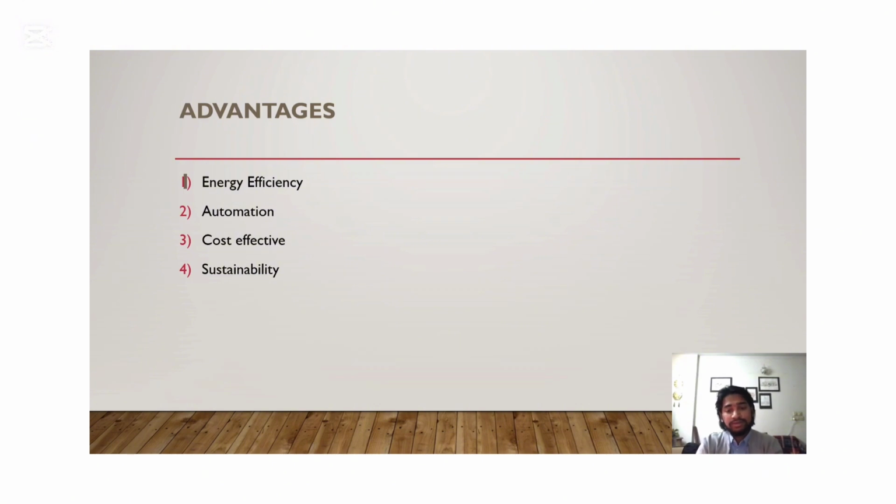Reduced energy use translates to long-term cost savings. Sustainability. The system contributes to a greener environment by conserving energy. Thus, these benefits make the system a suitable solution for the modern and digital world. So that's it.